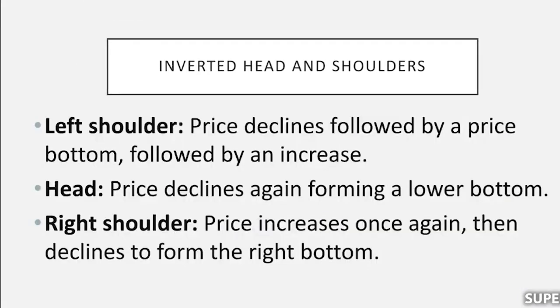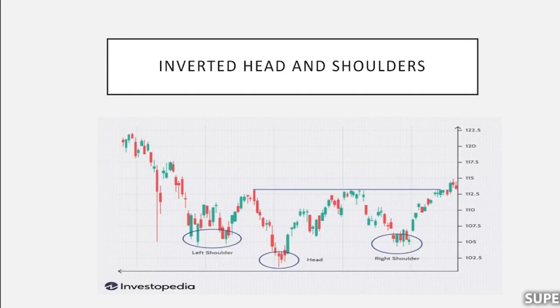And in the case of an inverted head and shoulders, left shoulder means the price declines followed by a price bottom followed by an increase. And head means the price declines again forming a lower bottom. And right shoulder means the price increases once again, then declines to form the right bottom. The inverted head and shoulders will be like this.